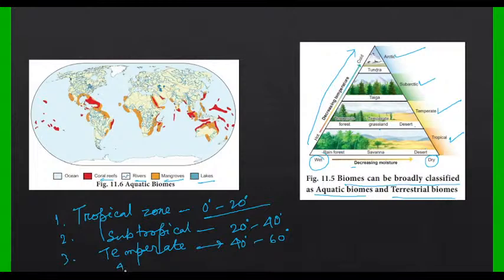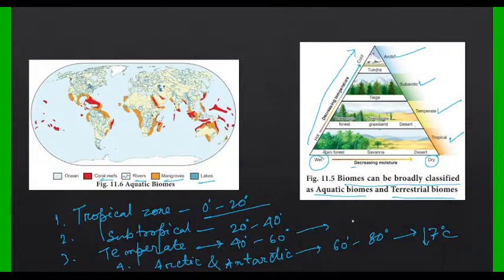and the Arctic and Antarctic is 60 degrees to 80 degrees, and here the temperature is below 7 degrees Celsius every time.